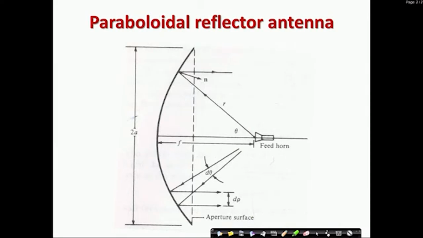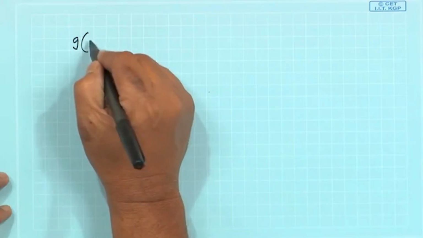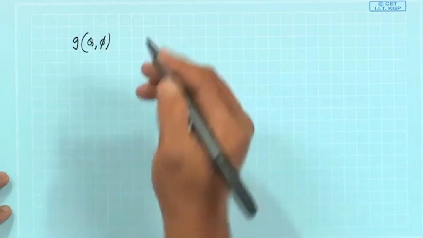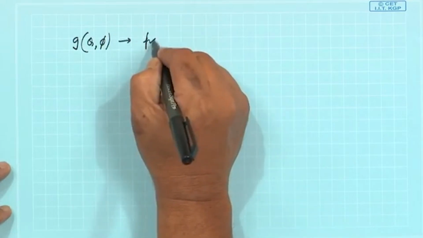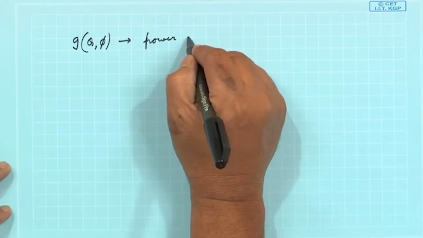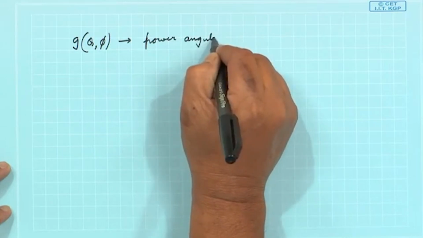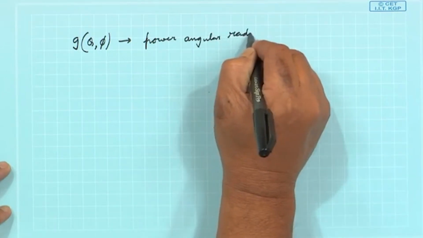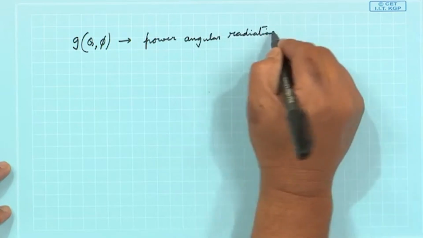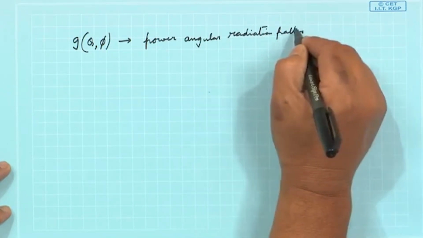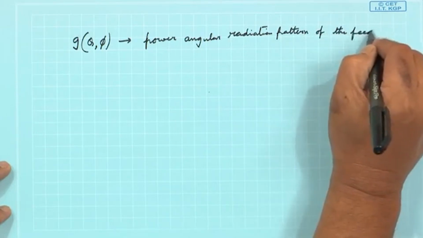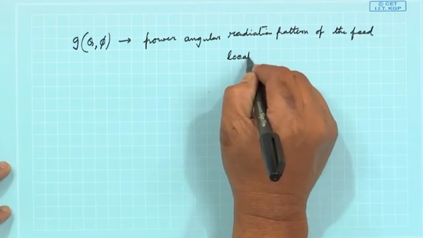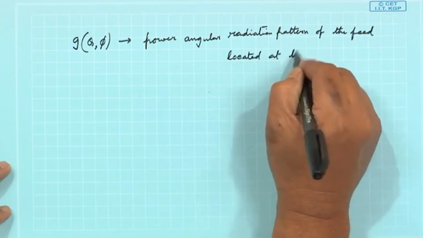So, for that let me introduce that suppose g theta phi is the power angular radiation pattern of the feed located at the focus.